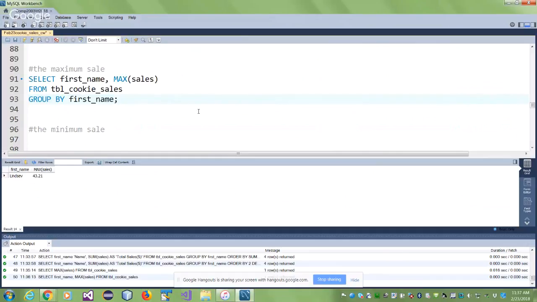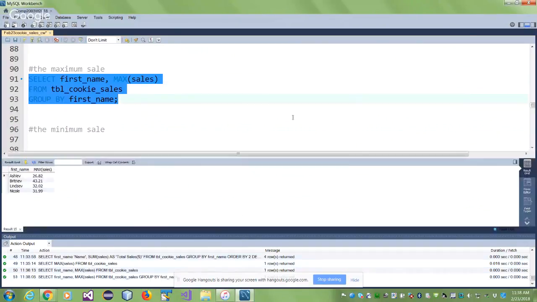I want to see the first name and the max sale in that group. Now it is making more sense. You're saying group them by their names and pick up the name and the max sale from that. Logically, it makes sense, and that's how it will work.